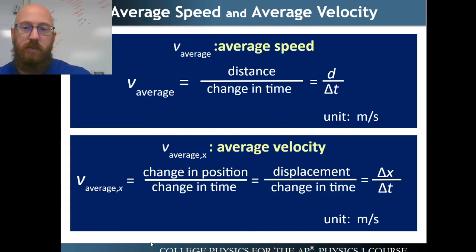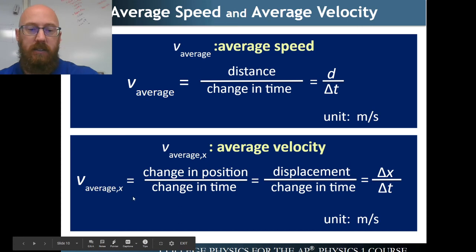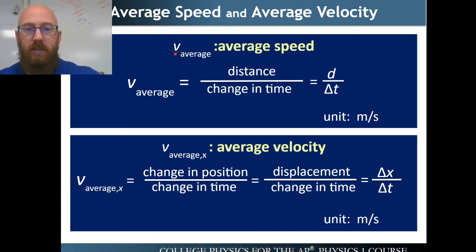So, average speed is distance divided by time. In this case, more helpful, average velocity is displacement. You notice they're starting to use a lot of the subscripts. I'll highlight here. Let's see if it'll do it. Right here.